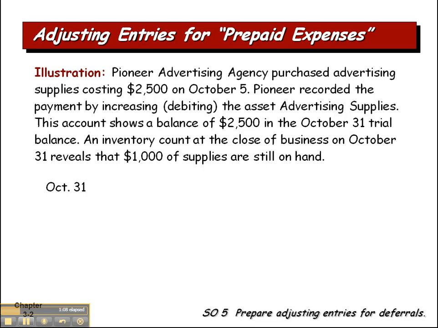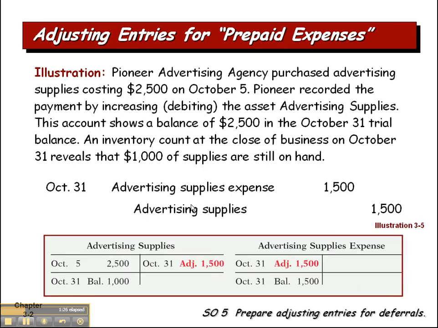So they had 2,500. Now we're counting them and saying, hey, we have 1,000 left. So $1,500 was used. That journal entry is going to look like this: advertising supplies expense, $1,500. Keyword: expense, so we debit that. And advertising supplies, the actual asset, we're going to reduce. And when we reduce an asset, we credit it.